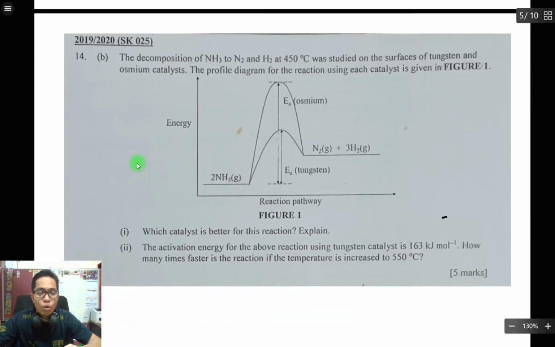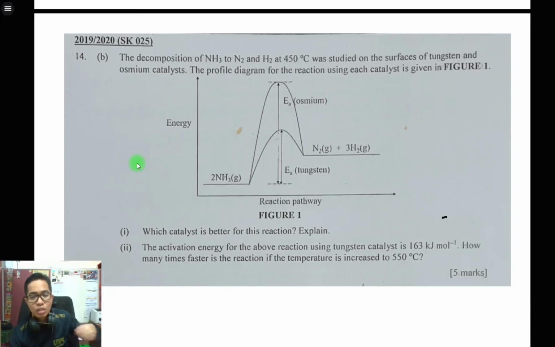Now we look at question number 14B. The decomposition of ammonia to N2 and H2 at 450 degrees Celsius was studied on the surface of tungsten and osmium as catalyst. The energy profile diagram for the reaction for each catalyst is given in figure 1. The process seems to be endothermic, sebab produk lebih tinggi.